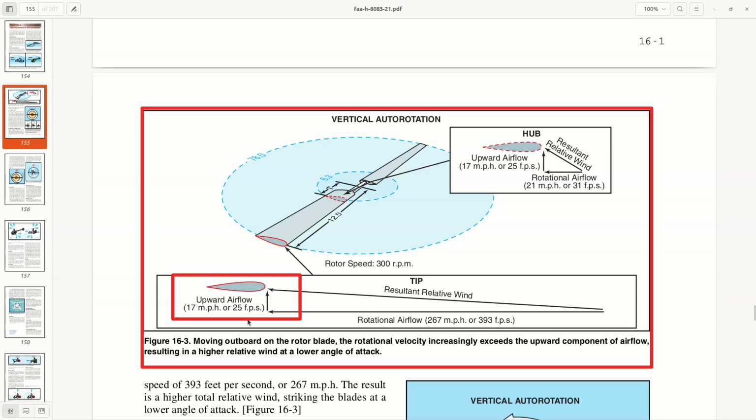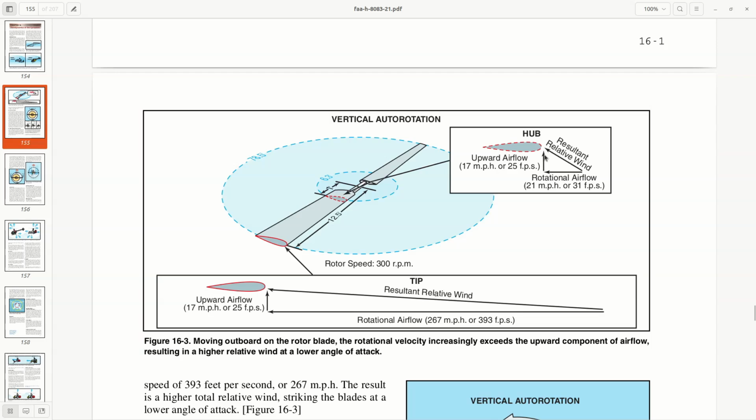Our upward flow of air is going to be something closer to 25 feet per second, or 17 miles per hour. As we move inward on that rotor span, the rotational airflow is going to drop a lot because the radius is greatly reduced, and the upward airflow will remain the same. So our relative wind starts to be tilted more and more upward.